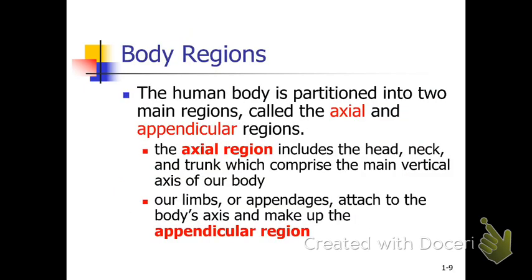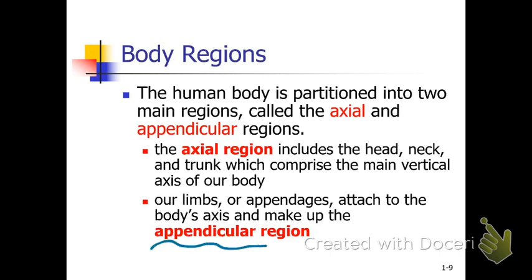Okay, so we have some terms now to use. Another important way of discussing the body is to break it up into two very large sections, the axial region and the appendicular region. So the axial region, as you can see here, is the center, the axis of the body, and it's referring to the head, neck, trunk, abdominal regions. So that would be the center, right, the axial region.